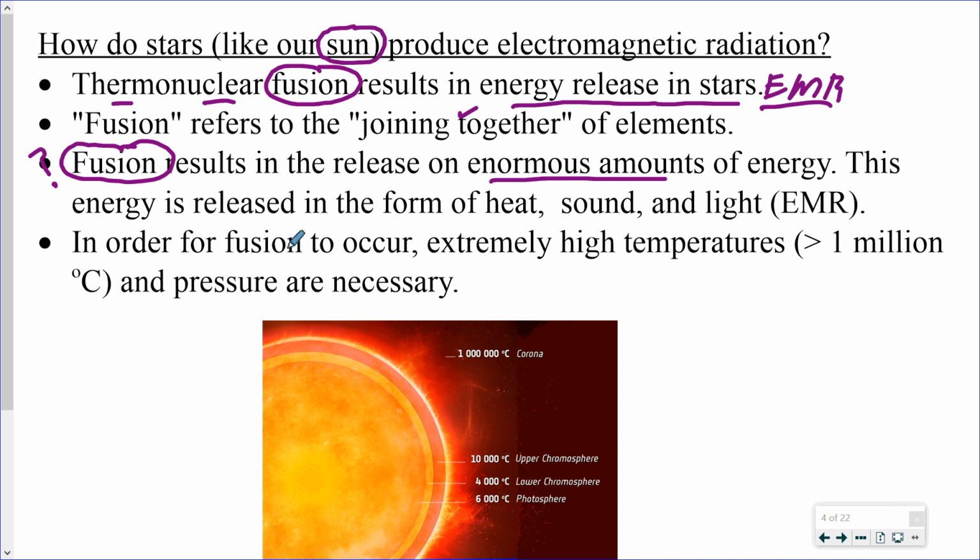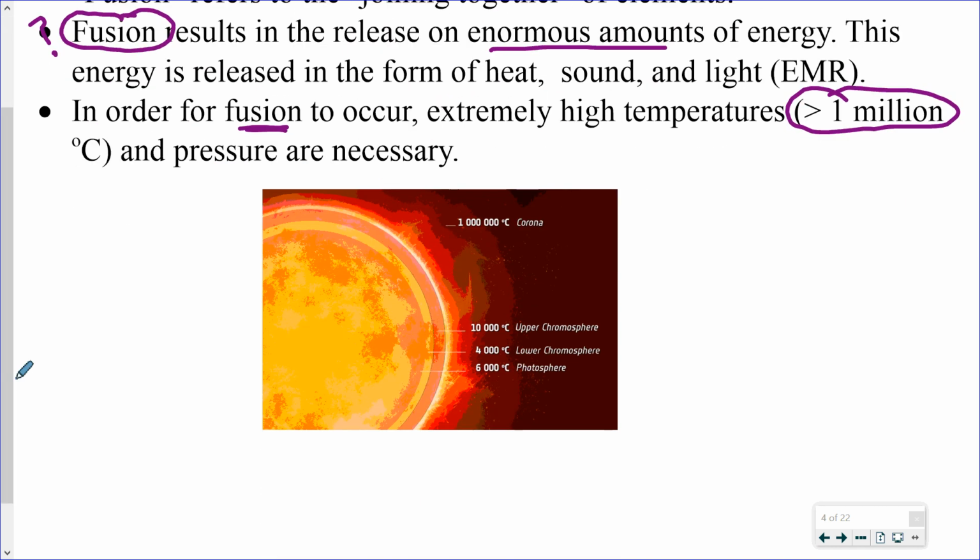So in order for this to occur, though, what we do need are really, really hot temperatures in excess of 1 million degrees Celsius. So in terms of our sun, I have a picture at the bottom here which shows our sun. Depending upon the distance from the core, there are different temperatures; around the outside, in what's called the corona, that is around 1 million degrees.